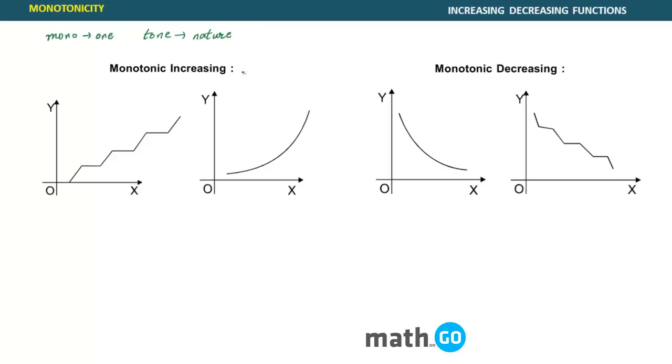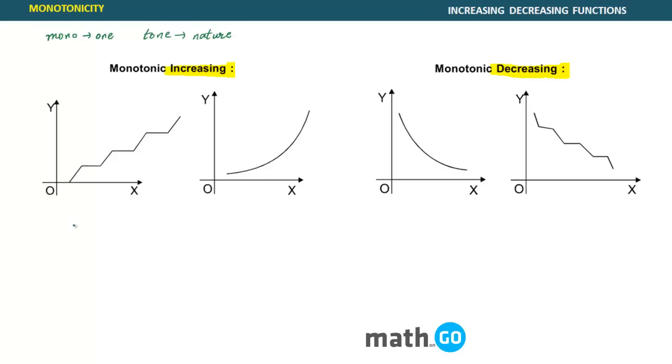If we talk about functions, there are two types of natures of graph, whether they will be increasing or decreasing, as I have already drawn on the sheet. Monotonically increasing means it should have a single nature, that means it should be increasing.